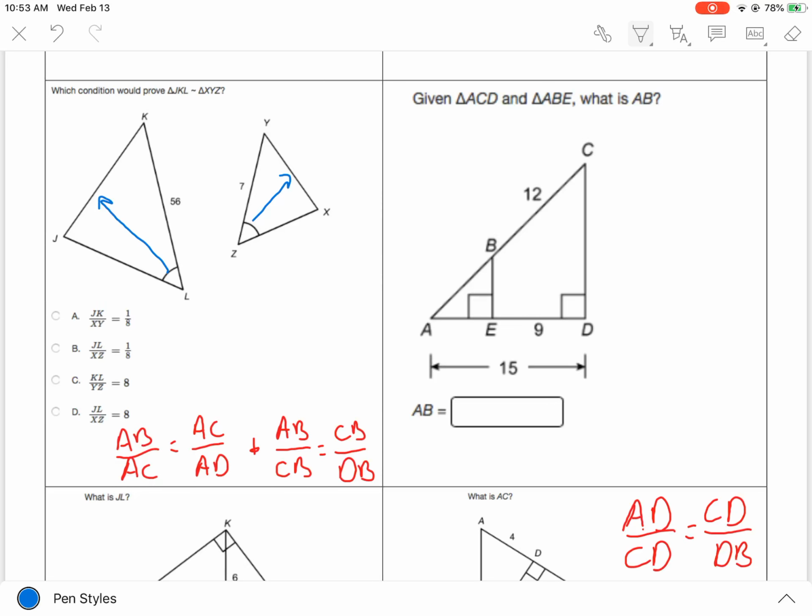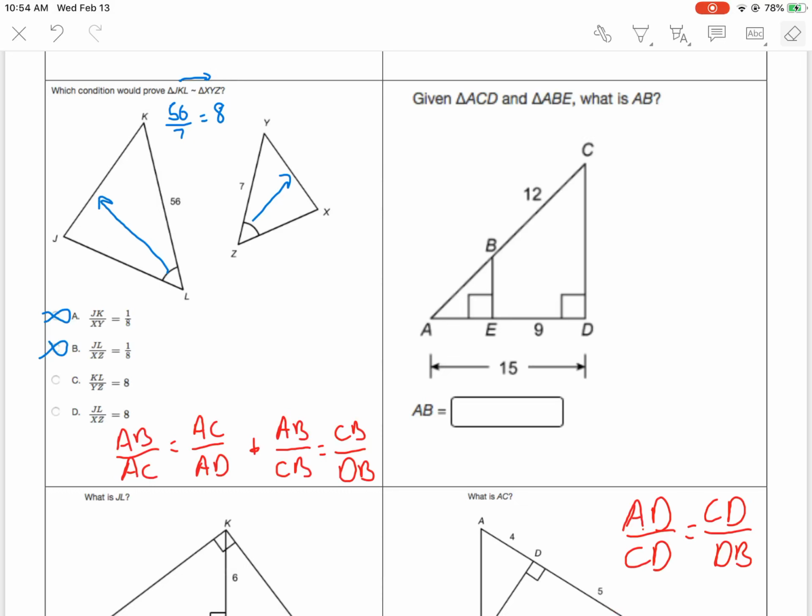So the big one over the little one would be equal to the scale factor, because 56 over 7 would be equal to 8, so no. JL, no, because that's going from big to small. It's equal to 1/8.